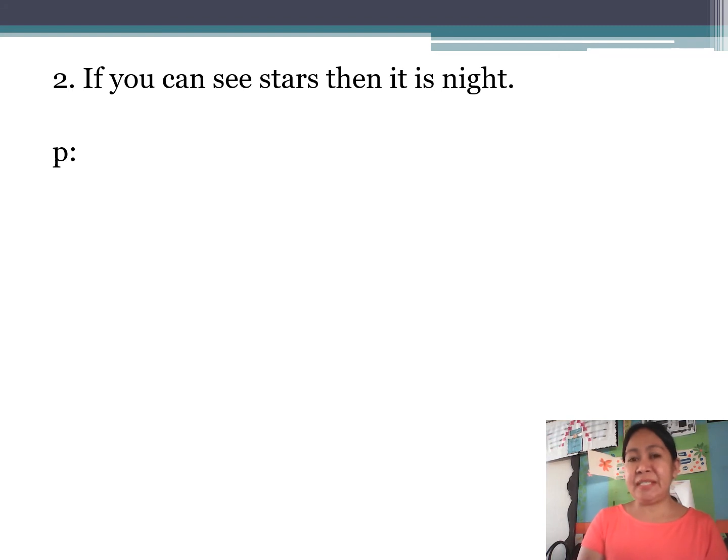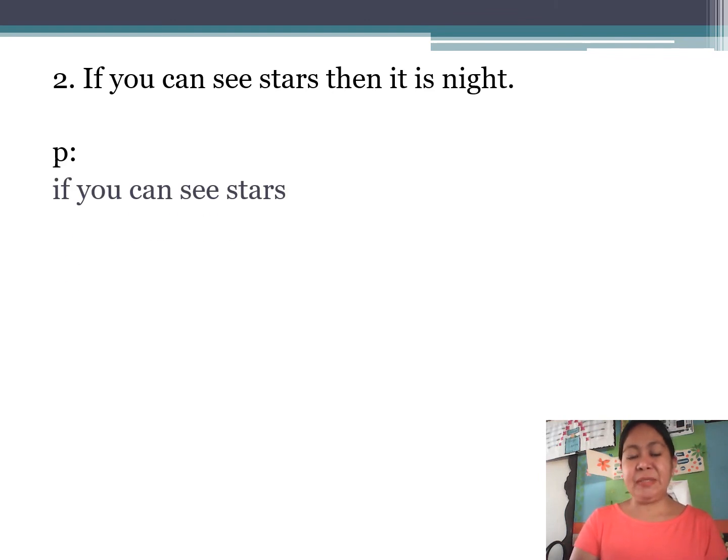The P part is the hypothesis or the if statement, and Q is the then statement. Let's check if your answer is correct. The P part, or the if statement, is: if you can see stars. Then the Q part, or the then clause: then it is night.